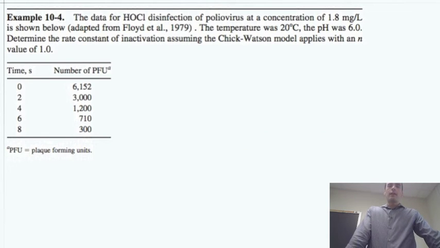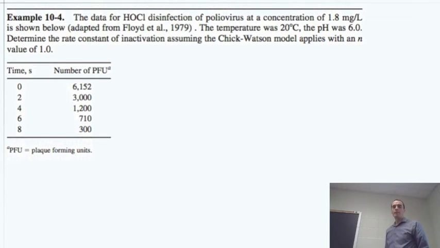So let's take a look at an example then, and give you a chance to apply exactly that way of thinking about it. So here we have, this is not our book. I think this is one of the ones that's available online though.